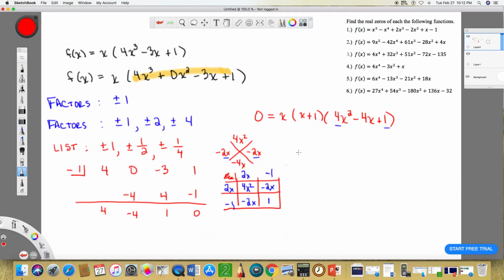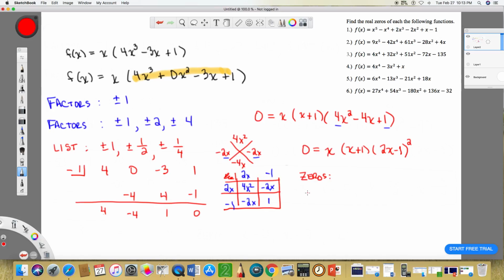So we've got x times x plus 1 times 2x minus 1 squared. So now that this has been completely factored, we can easily find our zeros.